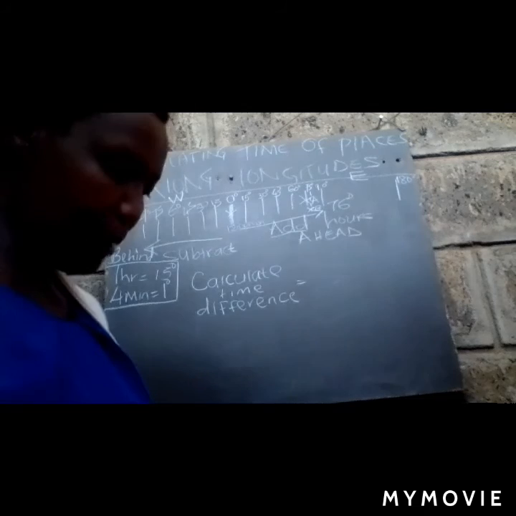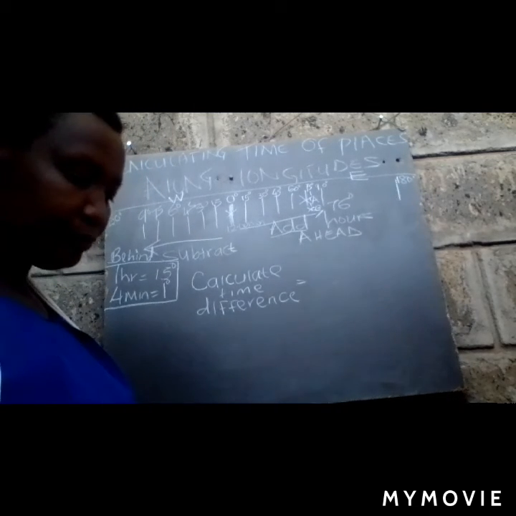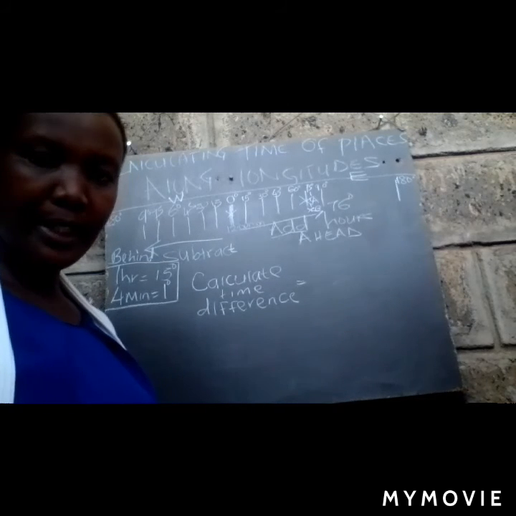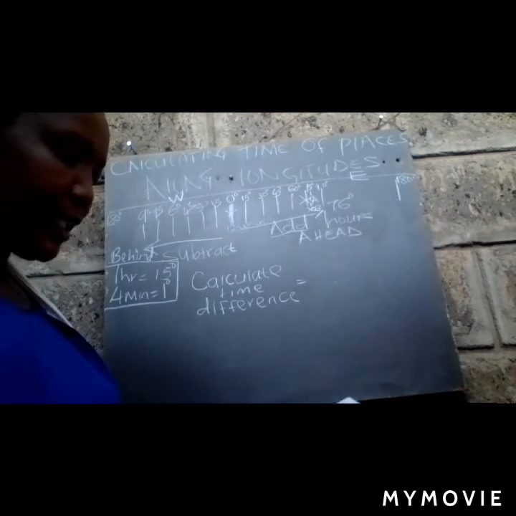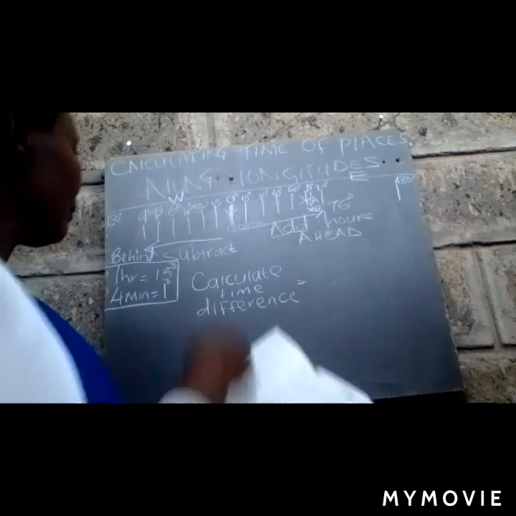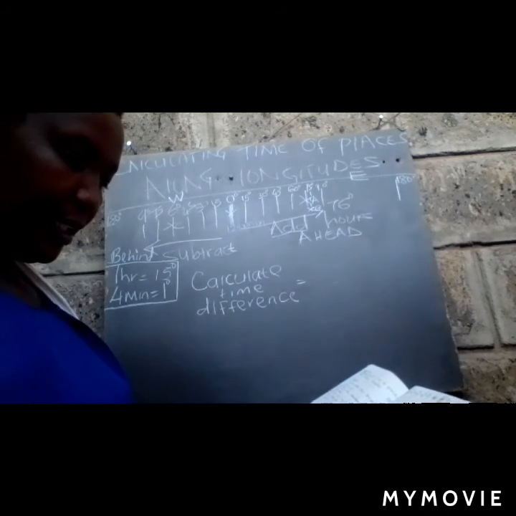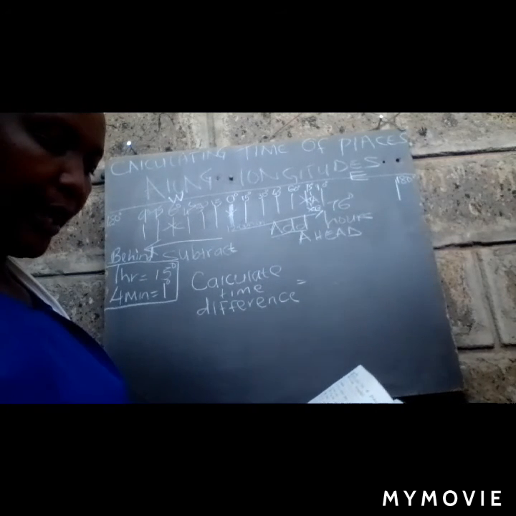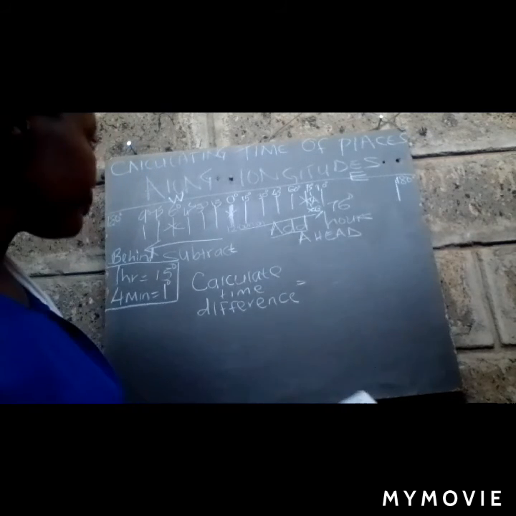Let's have another example. Now we shall move to the next hemisphere, which is to the west of the prime meridian. What will be the time of a country C, which is at 60 degrees west, when the time at the prime meridian is 12 noon?